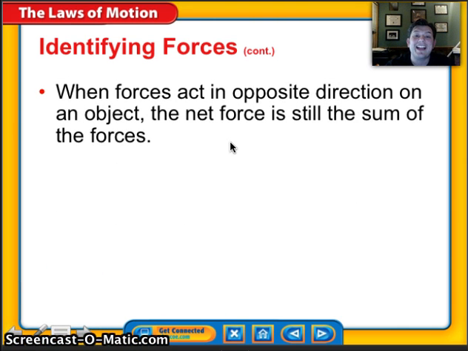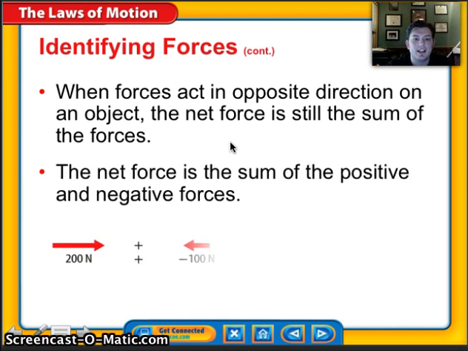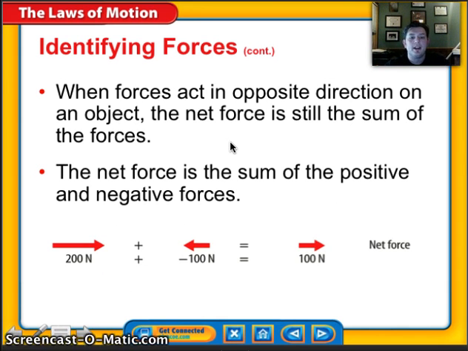Now, when forces act in opposite directions on an object, the net force is still the sum of all the forces. This happens when you have a positive and a negative. I know in math you've added positives and negatives together. So let's look at this scenario. If somebody is pushing with 200 newtons one way, but someone is counteracting with 100 newtons the opposite way, what's 200 plus a negative 100?